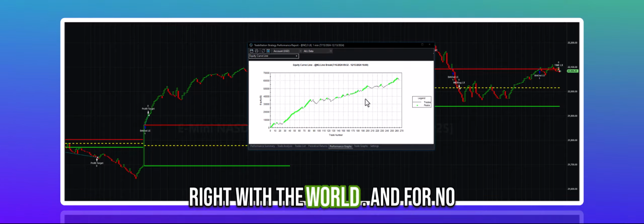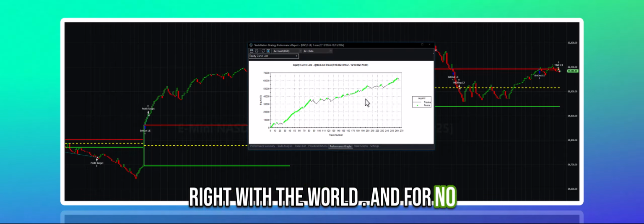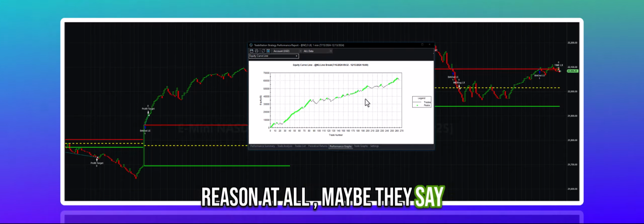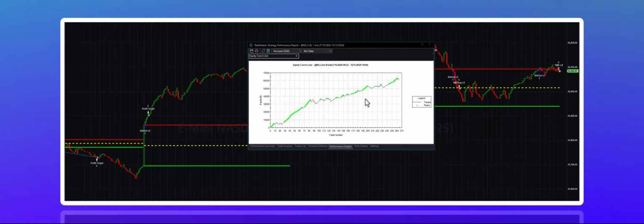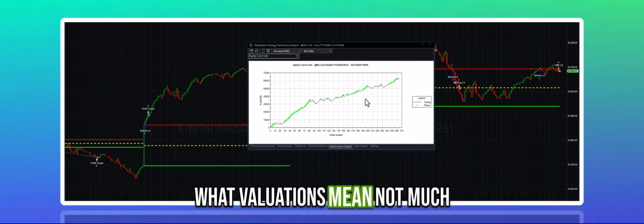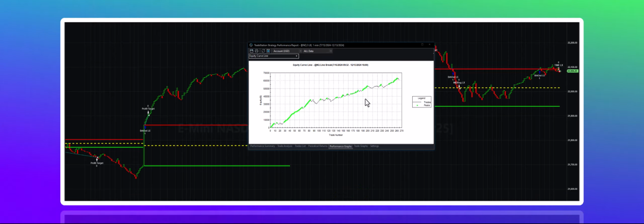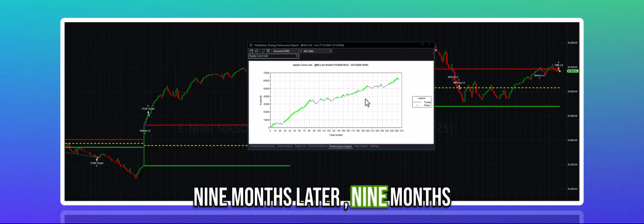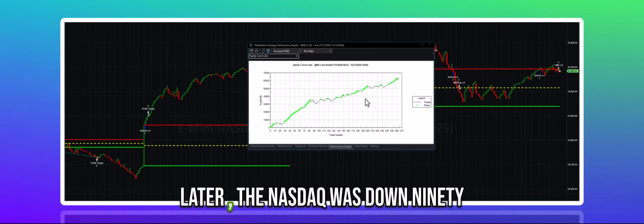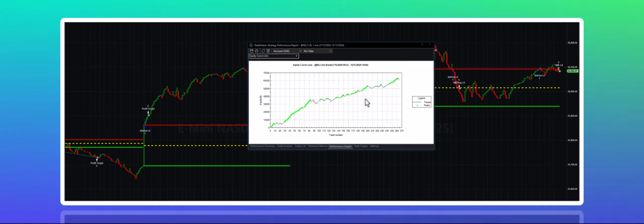Everything was right with the world. And for no reason at all, maybe they say valuations, but we know what valuations mean, not much. 9 months later, the NASDAQ was down 90%.